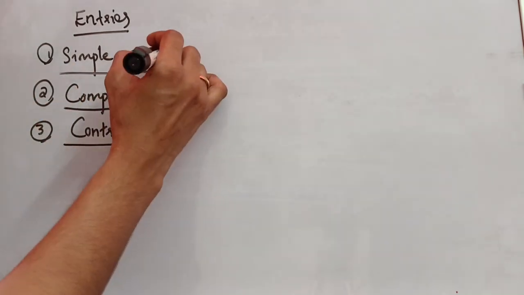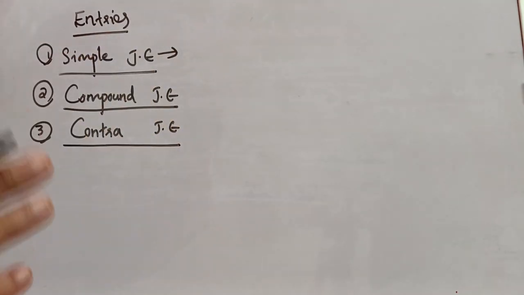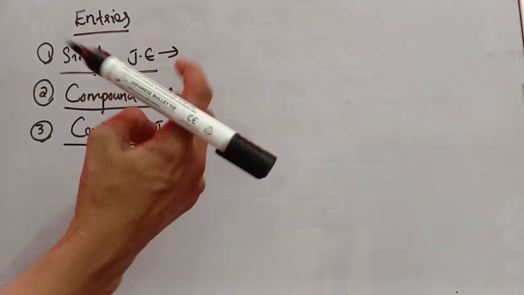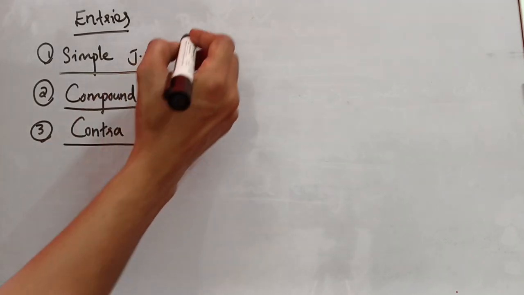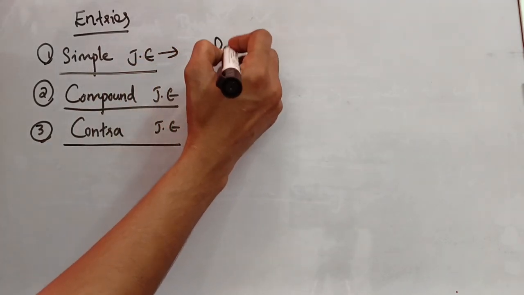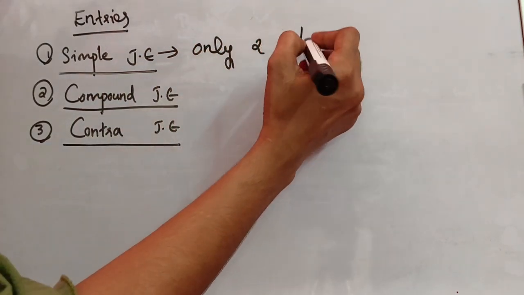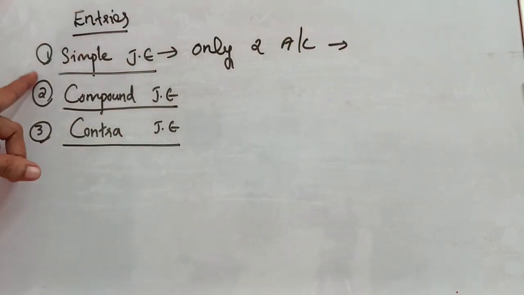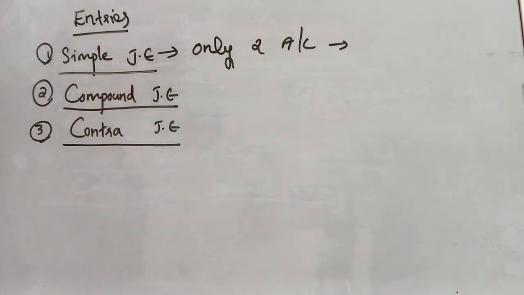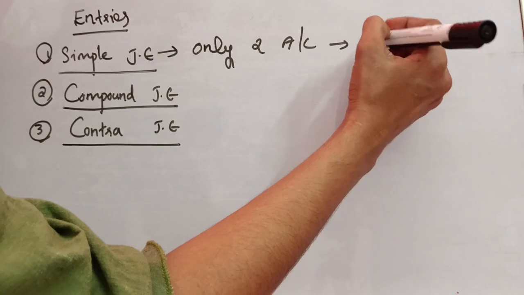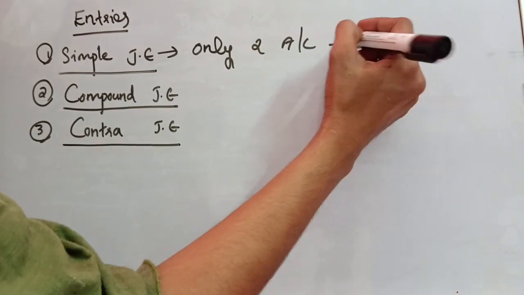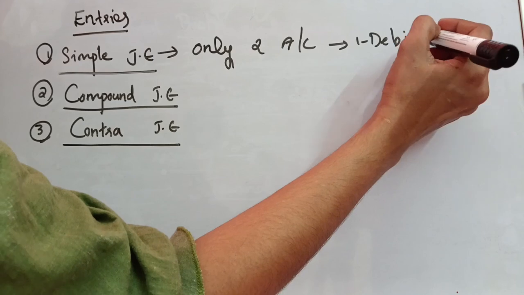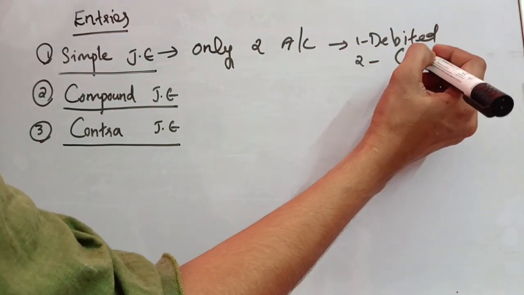Then what is a simple journal entry? Simply, where a transaction involves only two accounts, we call it a simple journal entry. Here, of the two accounts, one is debited and the other is credited.